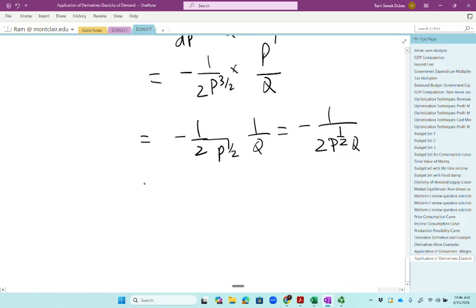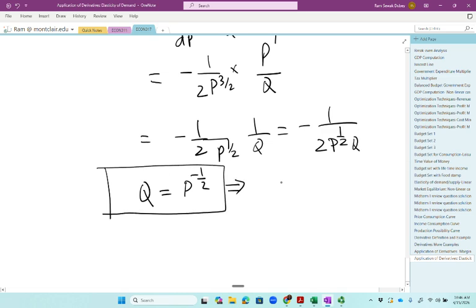But if you recall, our demand function is Q equal to P to the power minus 1 half, which gives me Q equal to 1 over P to the power 1 half, which gives me, if I multiply both sides by P to the power 1 half, Q times P to the power 1 half equal to 1.